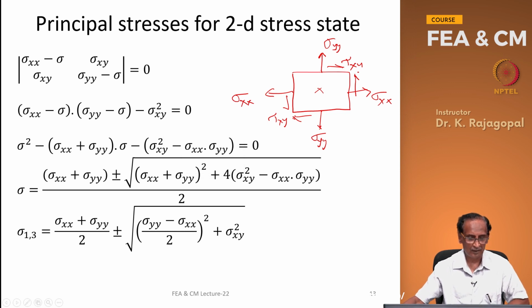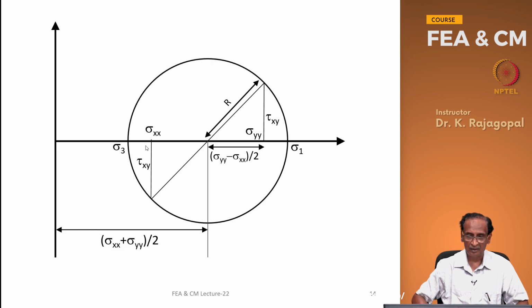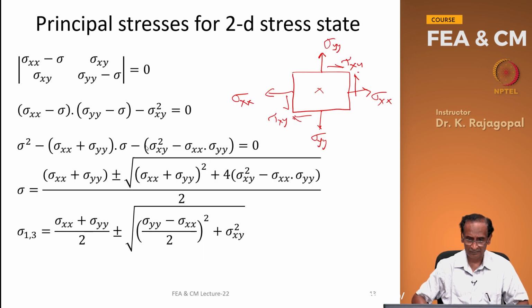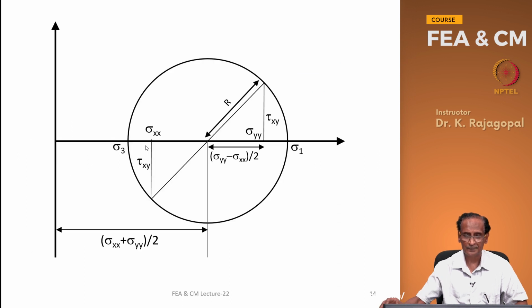So, here our major and minor principal stresses can be determined as the roots of this equation, which is actually a quadratic equation, and we know how to get the roots. We can also draw the Mohr circle and get our principal stresses and then the directions of these principal planes.